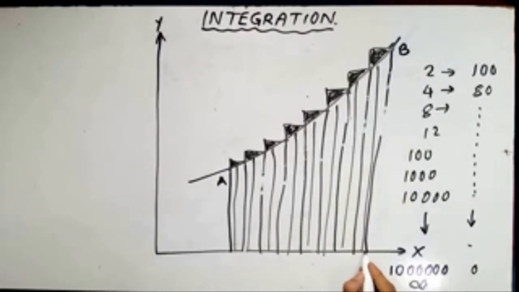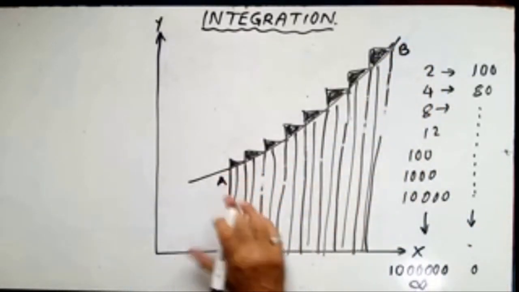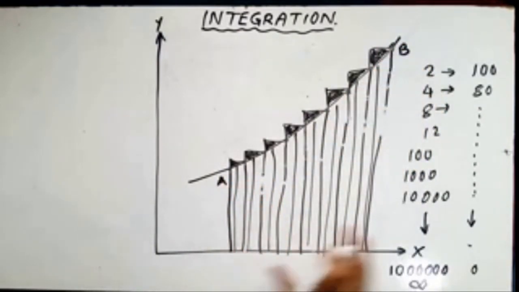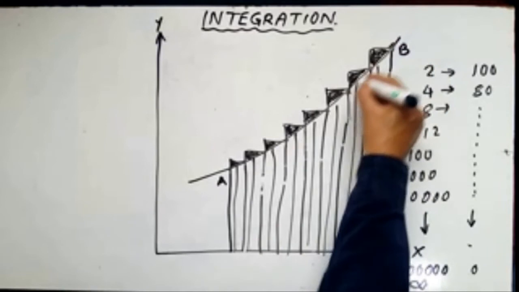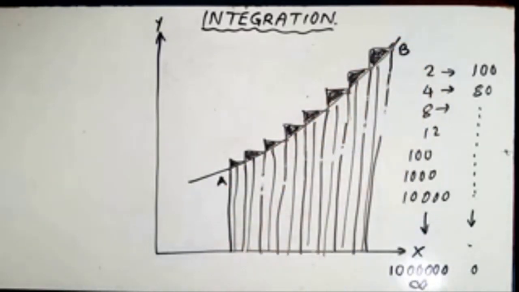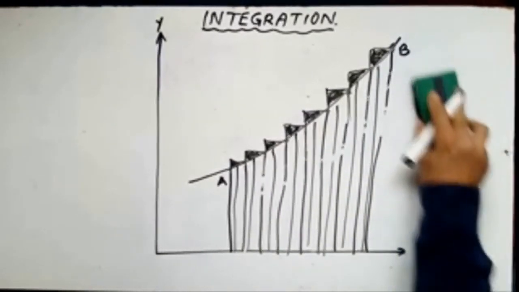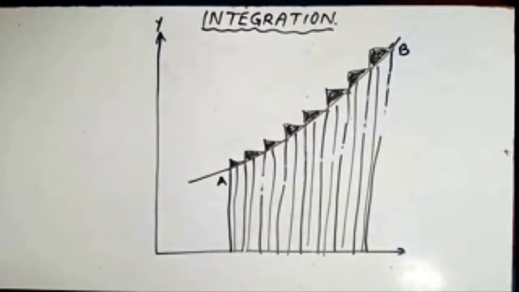As the number of rectangles approaches infinity, we will find that the sum of the area of the rectangles will approximate the area under the curve AB. Okay, so this in short is the concept of finding out the area under the curve A and B.